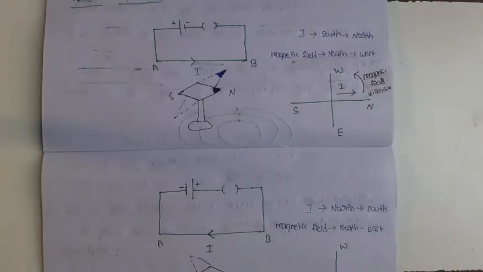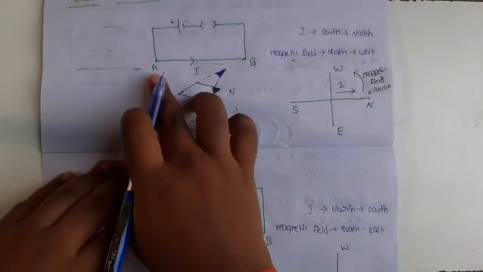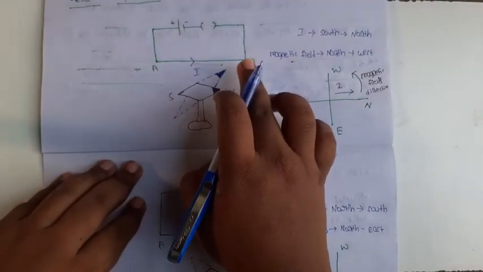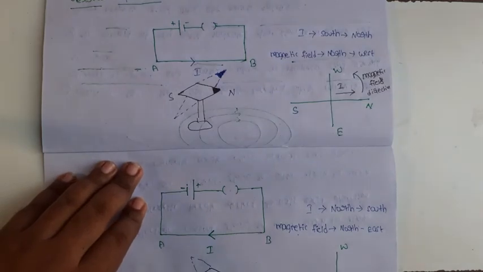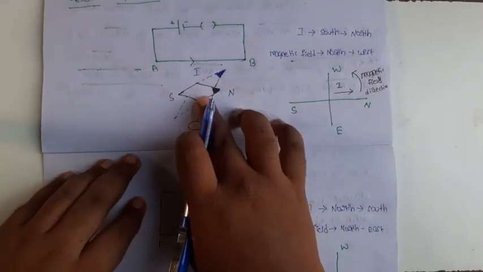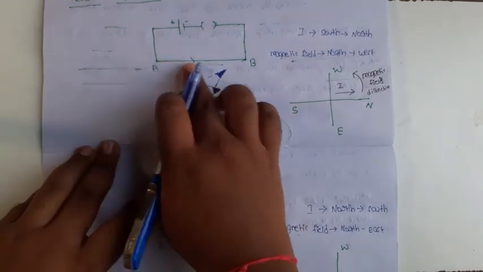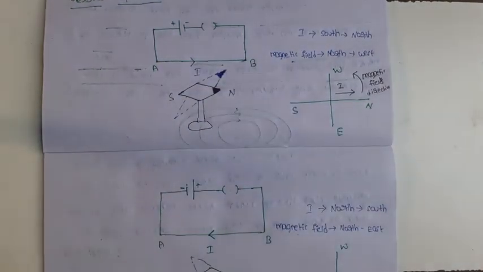Students, I am asking one question. When current flows in an electric wire, the compass needle is deflected. We have already studied this. Why is the compass needle deflected when current flows in the electric wire? Can anybody give the answer?